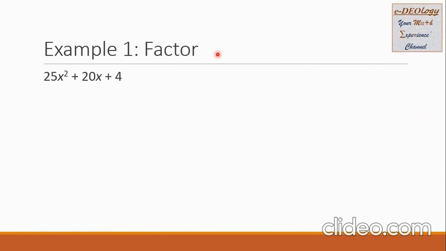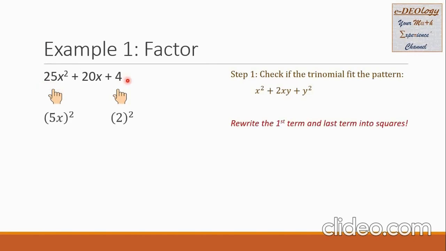Let us have example 1. Factor the trinomial 25x squared plus 20x plus 4. Let us check if this trinomial is a perfect square trinomial. First, our 25x squared and the number 4, we can rewrite as the square of some terms.